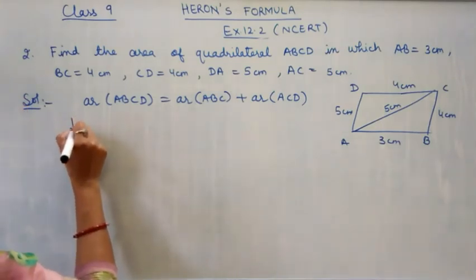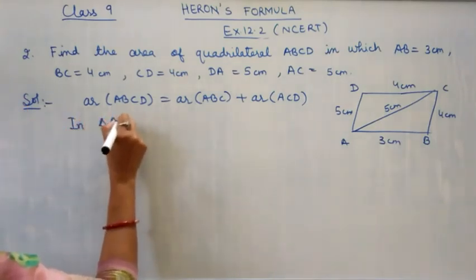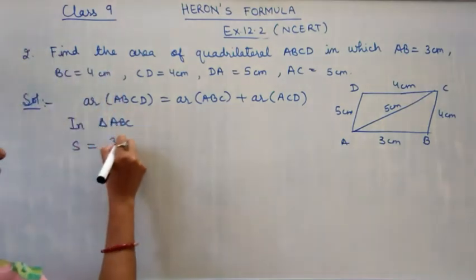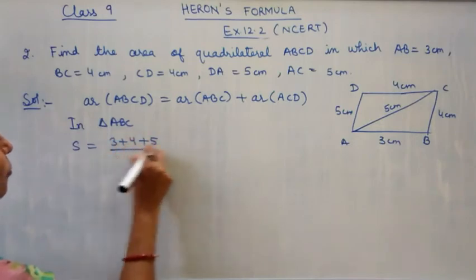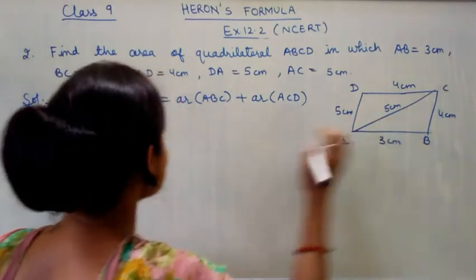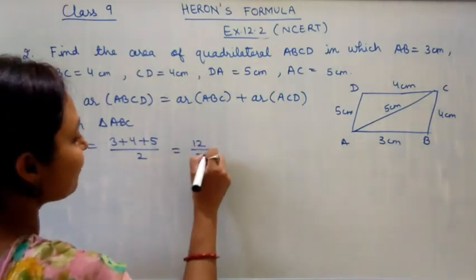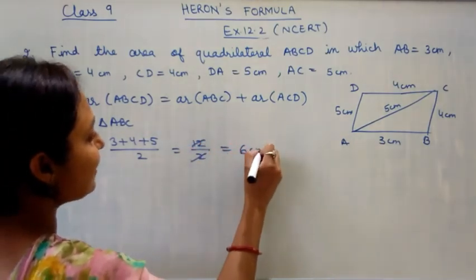For finding in triangle ABC, S is equal to 3 plus 4 plus 5 upon 2, that is the sum of these three sides, that is 12 by 2. After cancellation you will get 6 centimeter.